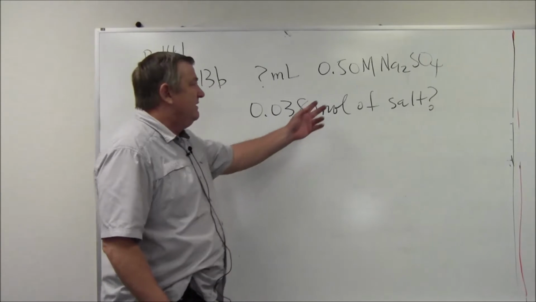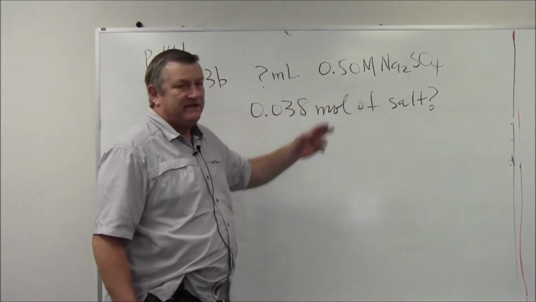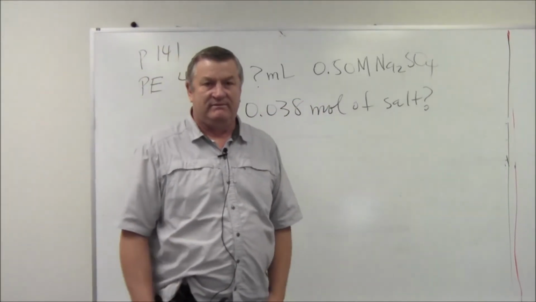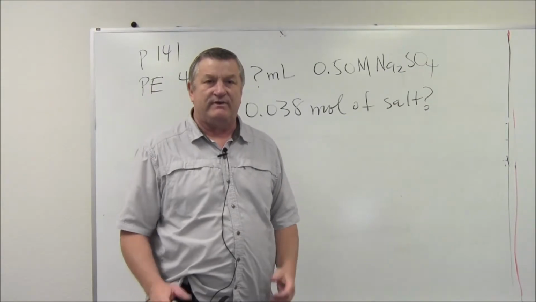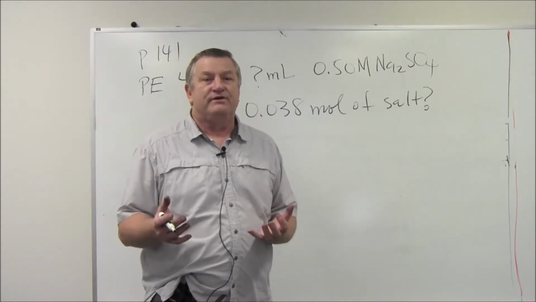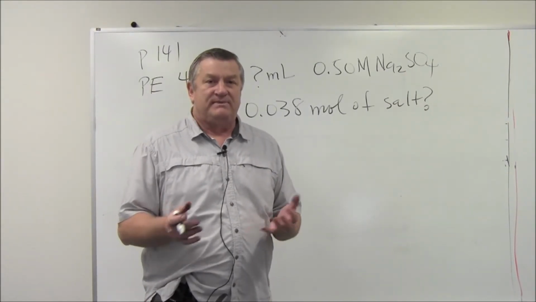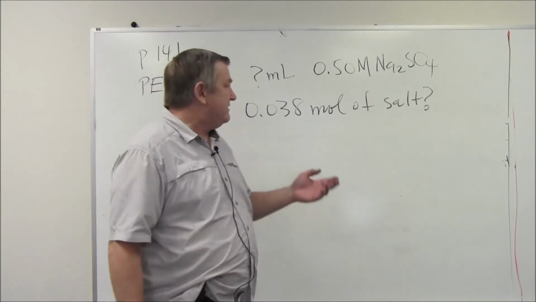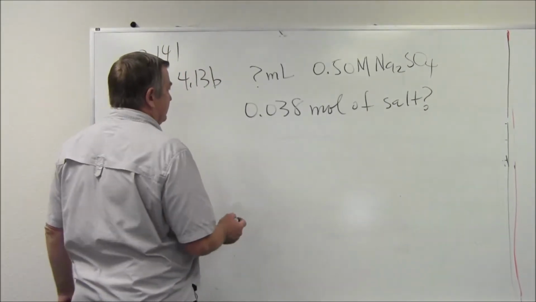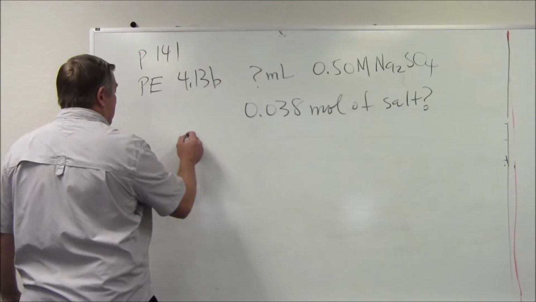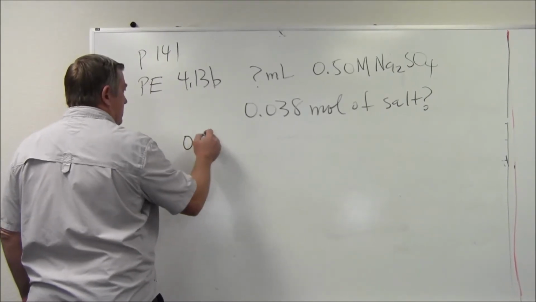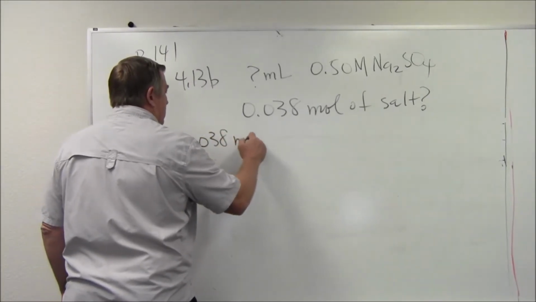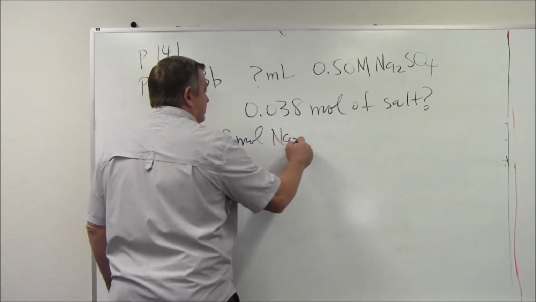And once again, if you have other numbers besides molarity, your molarity is not your given. Always use molarity as a conversion factor if something else is given. So here our given's going to be the other number, 0.038 moles. And let's go ahead and label it sodium sulfate.